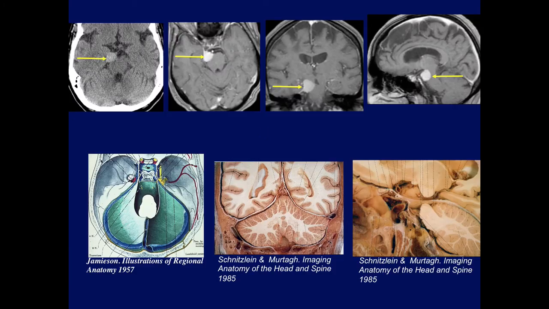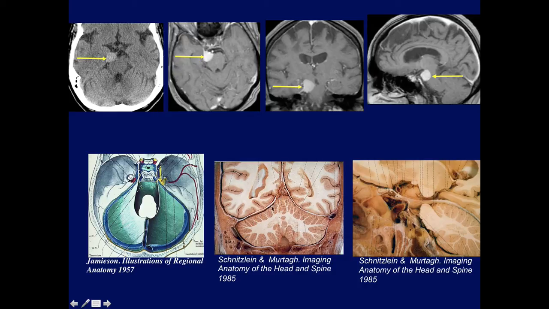And here's an incidental incisural meningioma. We can see it over here. And if we look at this, again, it's hard to tell. But if you look at the coronal MR here, on this anatomic specimen, here's the tentorium.